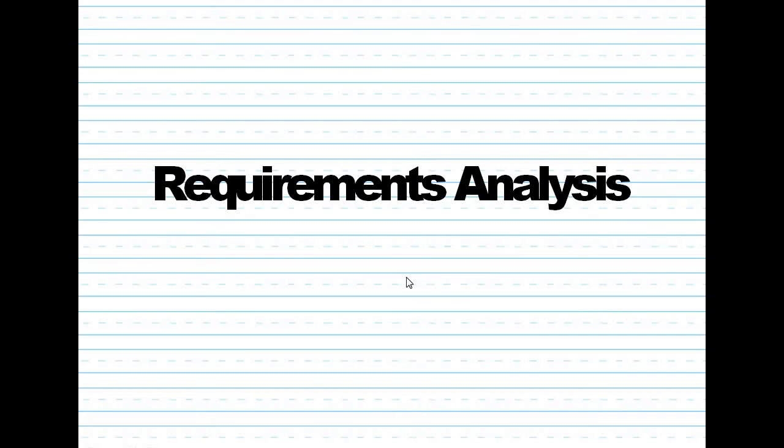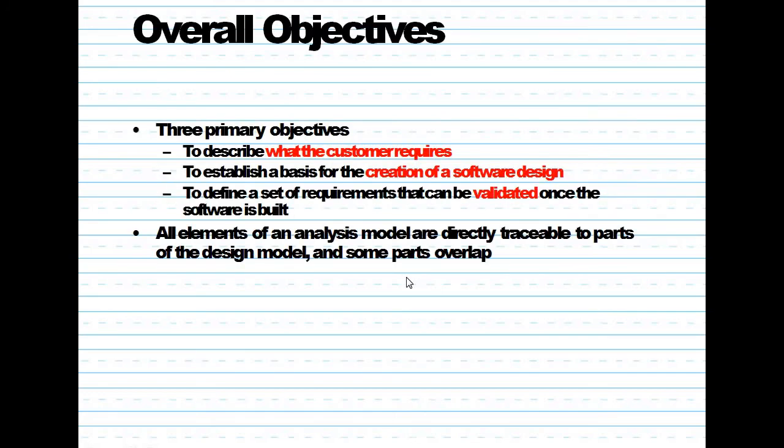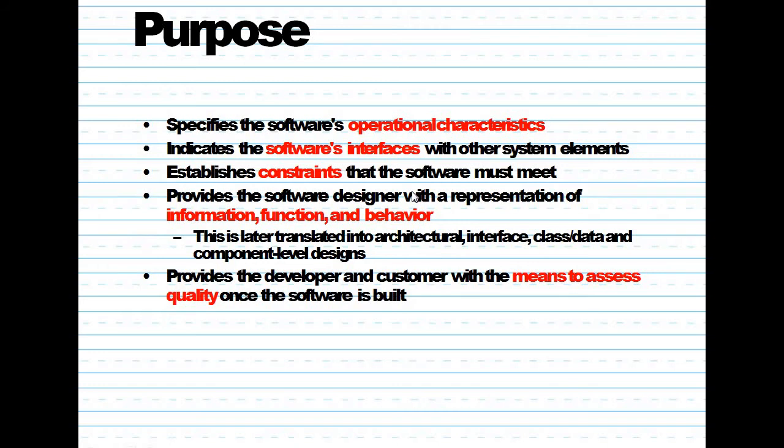Now, what is requirement analysis? What will be the objectives? There are three primary objectives: to describe what the customer requires, to establish a basis for the creation of a software design, and to define a set of requirements that can be validated once the software is built. All elements of the analysis model are directly traceable to parts of the design model, and some parts may overlap. So, what is the purpose?